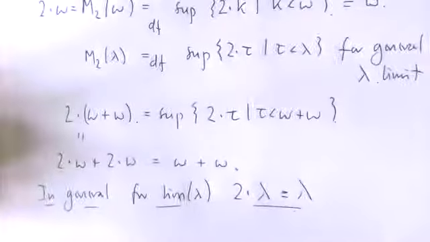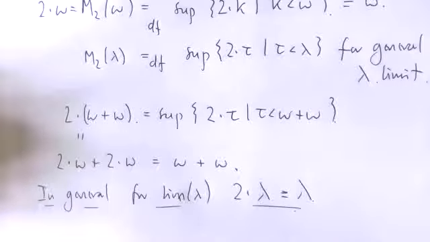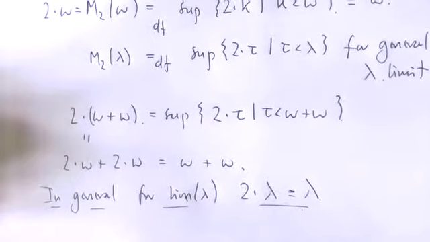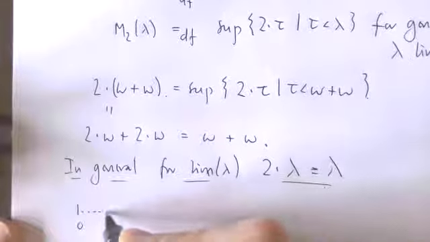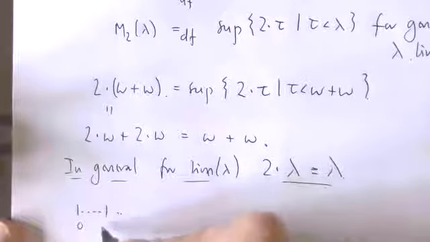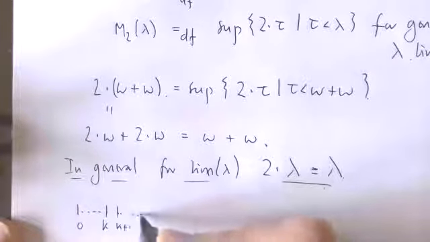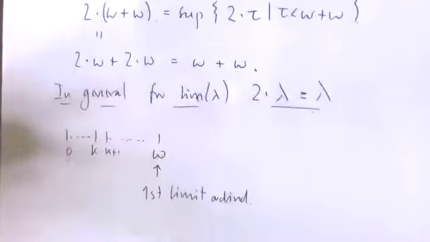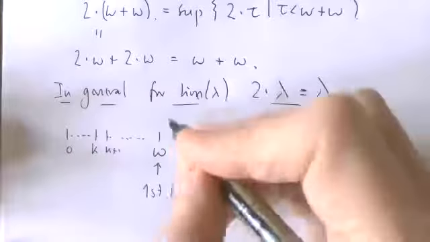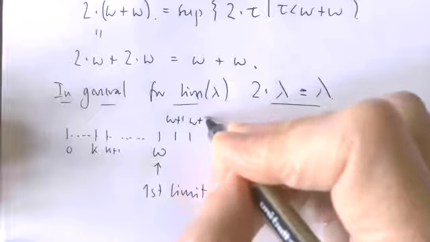Okay, the other question in the chat is, so yeah, indeed. So limit ordinals, what have we got? Just to recap, 0, we then have some successor ordinals here. So omega here is the first limit ordinal. Then comes omega plus 1, omega plus 2, and so on.